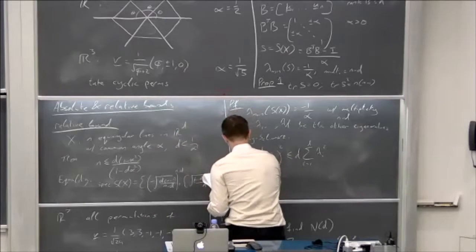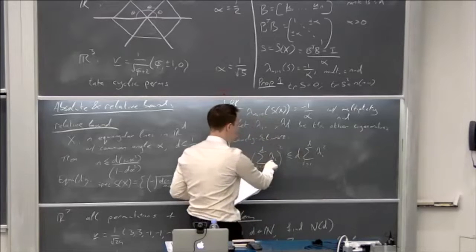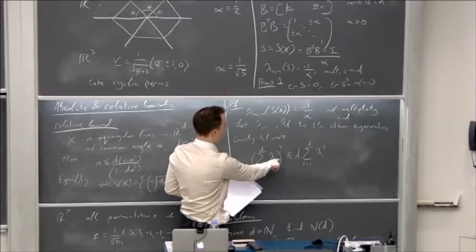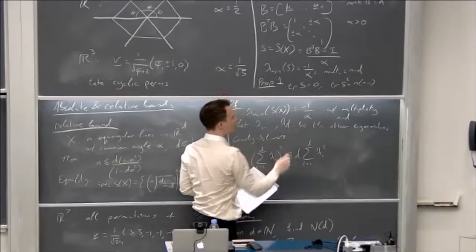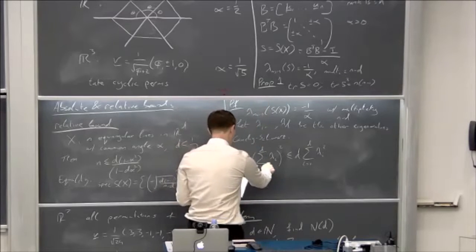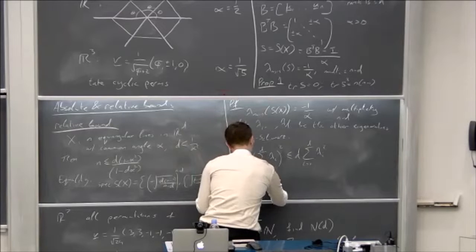So if I apply proposition 1, this sum of lambda i, if I add on the contribution from the smallest eigenvalue, I get 0. So inside here is just minus lambda 0 times n minus d.